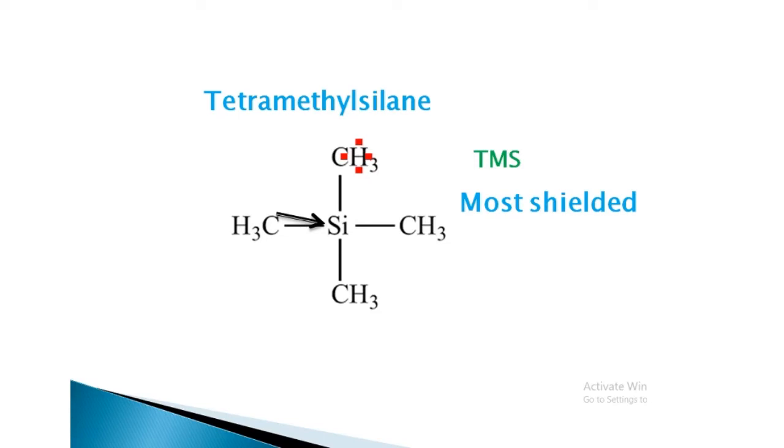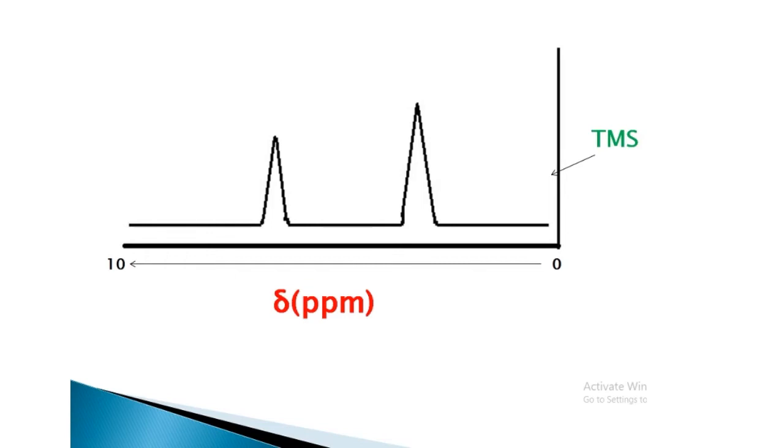So think about that. If TMS has the most shielded hydrogens, then let us go back to our chart. Any peak which is closer to the TMS than others should have a similar environment, that is, it should be more shielded. A peak on the NMR gives us an idea of the energy necessary to bring the hydrogen into resonance.